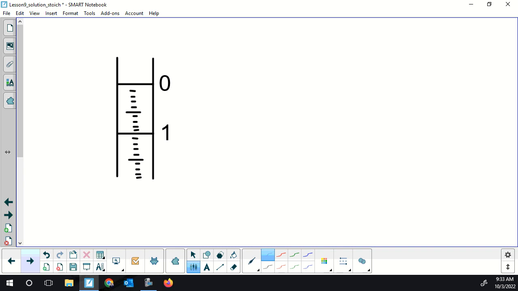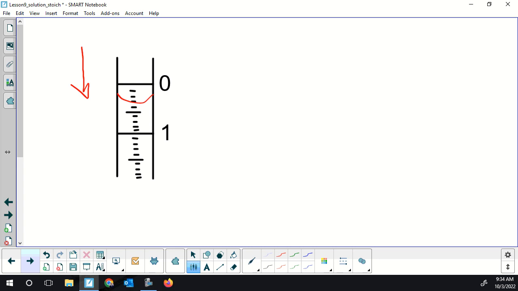So 0 at the top, 50 at the bottom, and they have all of these markings for 0.1 mils. You're going to have to read, like you're used to, the bottom of the meniscus. So that red line might be the meniscus on the burette, and you must read down, okay, not up.